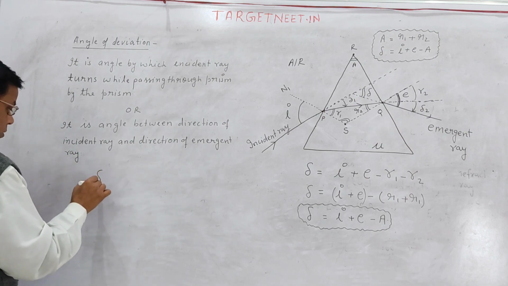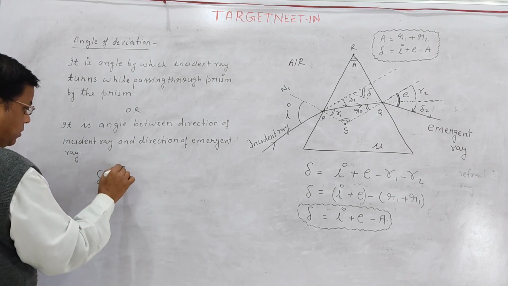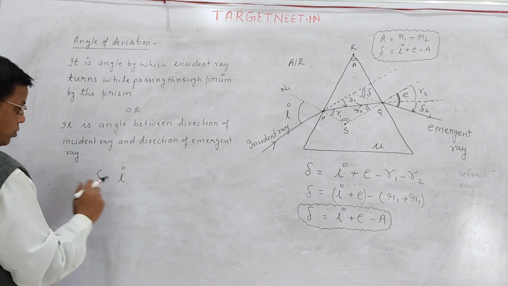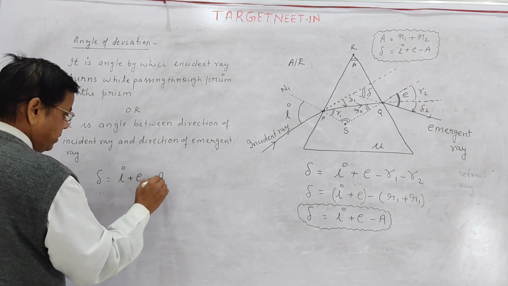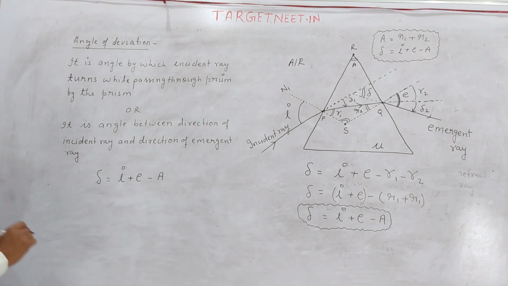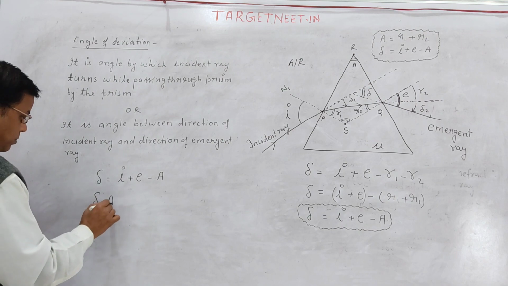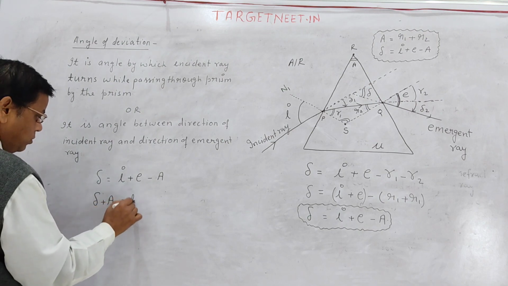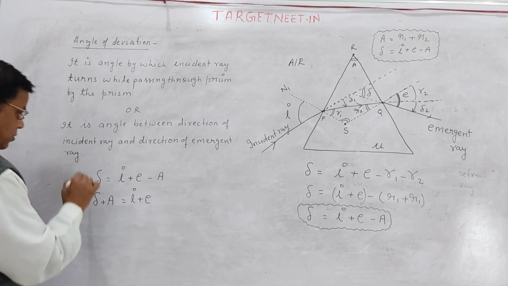And its formula is, angle of deviation is equal to I plus E minus A, or you can say that the sum of the angle of deviation and the angle of prism is equal to the sum of the angle of incidence and the angle of emergence.